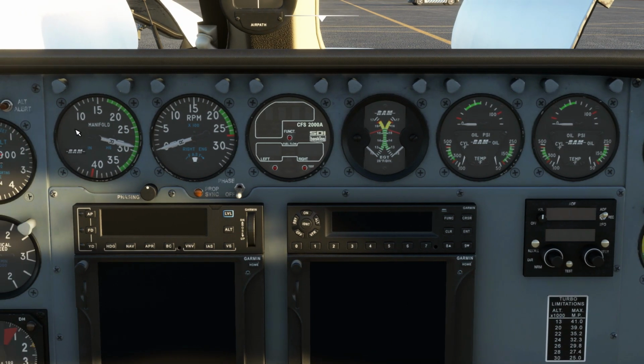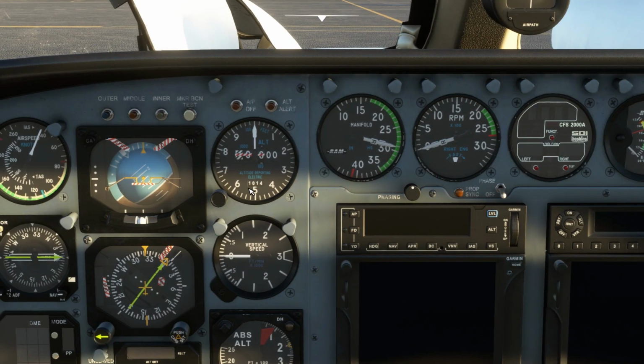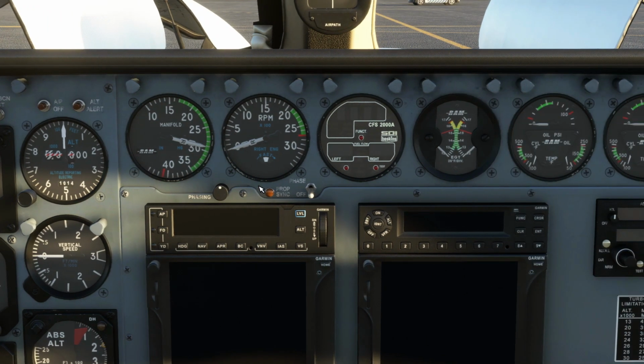So you have the manifold pressure, which is just the pressure inside the engine, because now it's showing the outside pressure, 29.90 something.